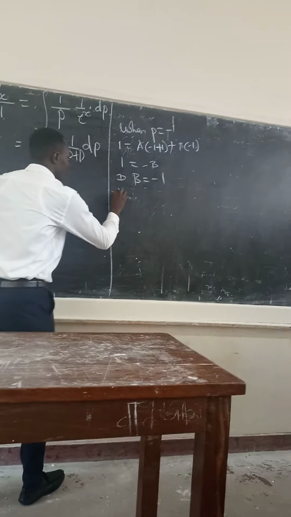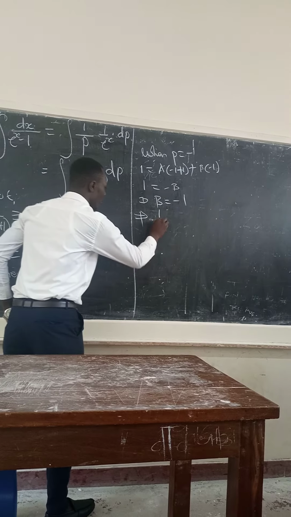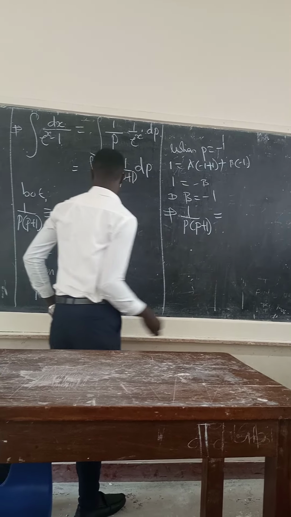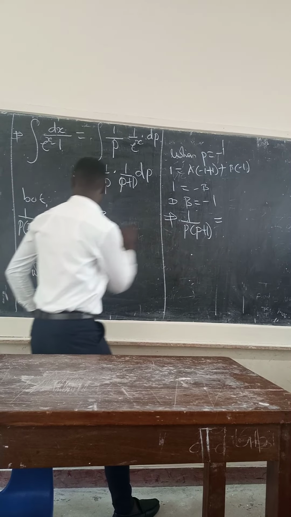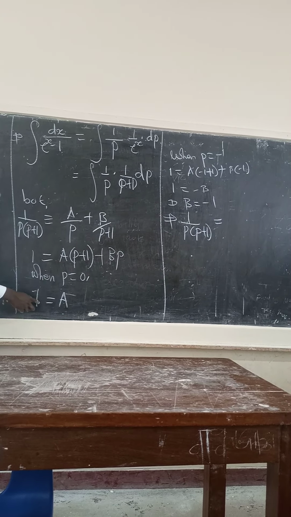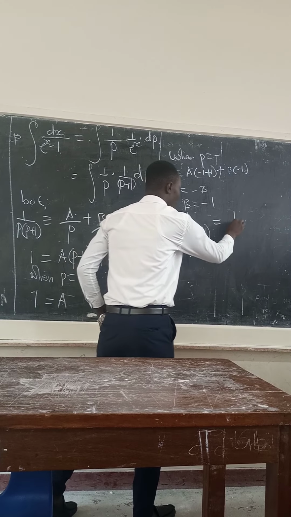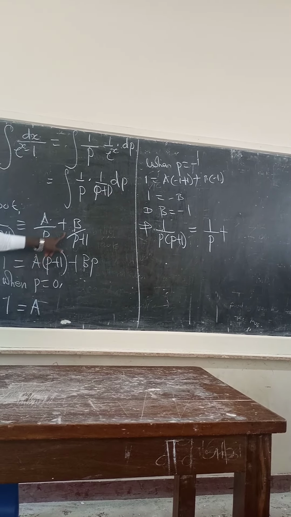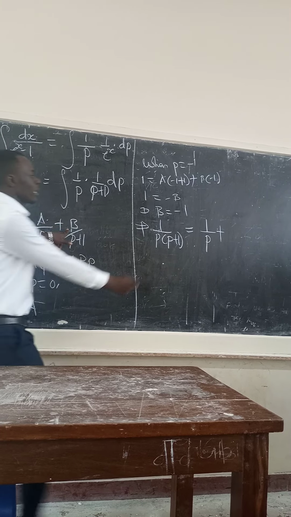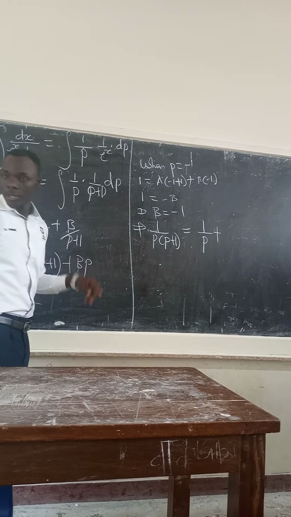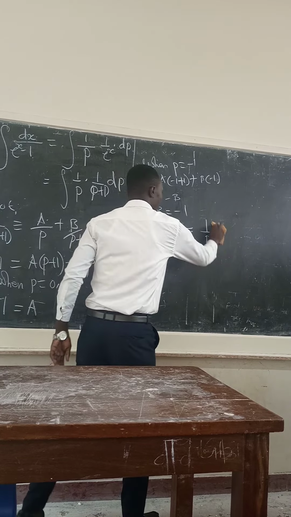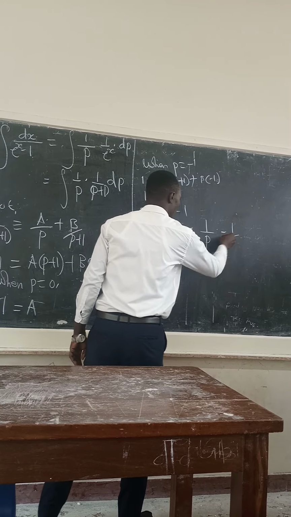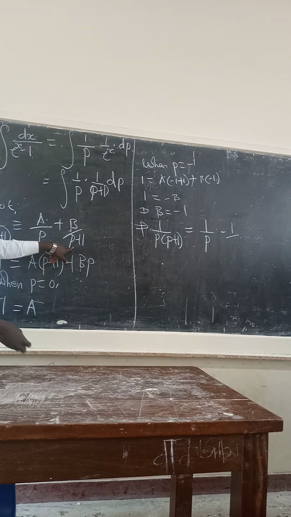Having obtained that, we shall come back and replace the values of a and b into this equation here. This will mean that 1 out of p into p plus 1 is equal to 1 out of p, because we have gotten the value of a equal to 1, plus this value p, but we got the value of b as negative. So it would make more sense if we just say minus 1 out of p plus 1.